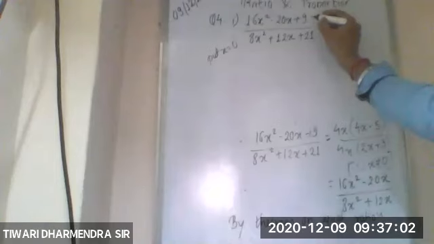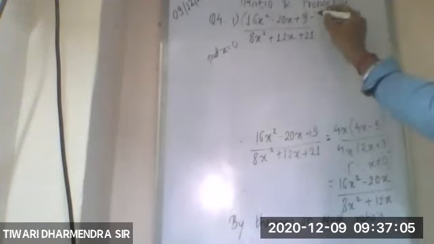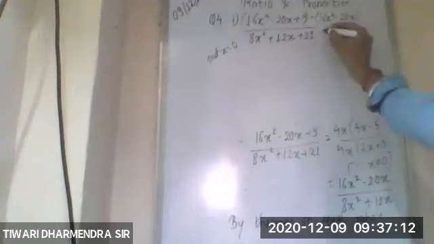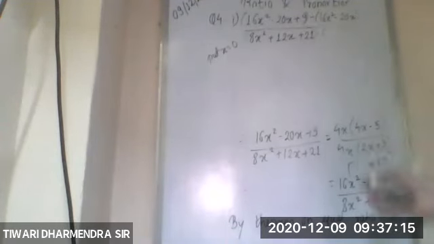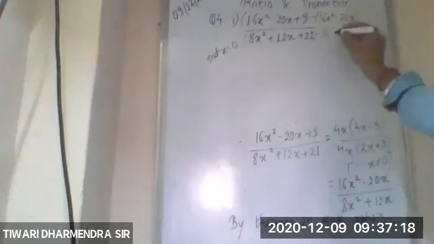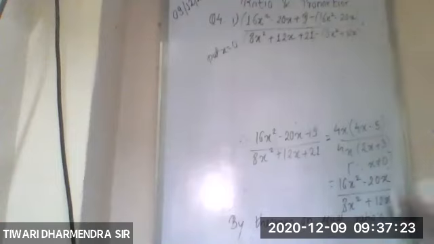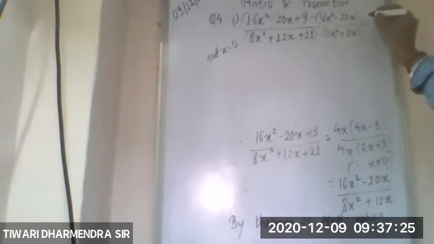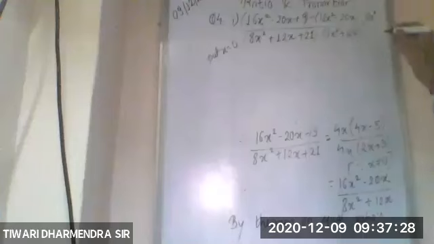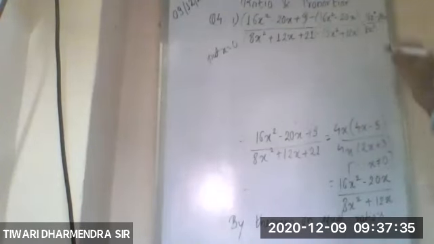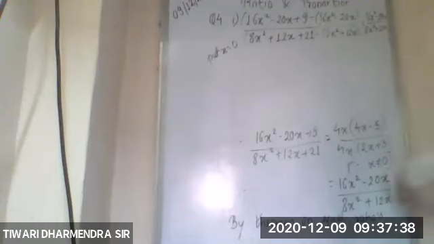So we'll be subtracting: 9 minus 16x square minus 20x divided by 21 minus 8x square plus 12x is equal to 16x square minus 20x divided by 8x square plus 12x.